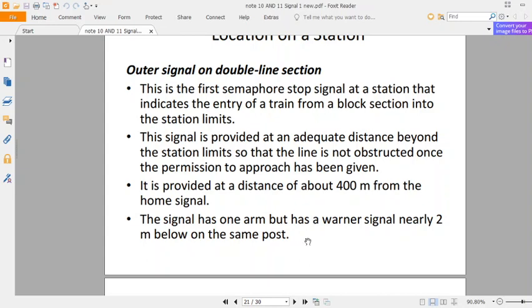This signal has one arm but has a Warner signal nearly 2 meters below on the same post. So in that case this signal has one arm, but on the same post there would be another Warner signal.